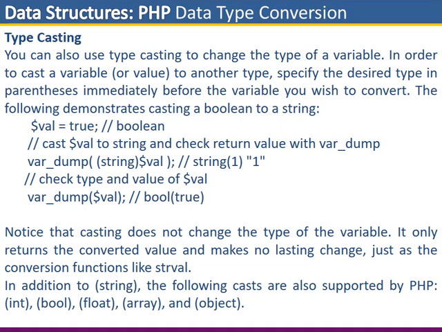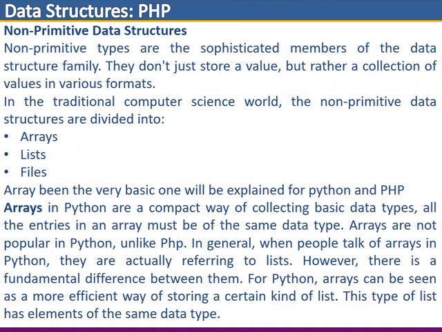In addition, the following casts are also supported by PHP: int, bool, float, array, and object are supported by PHP. Now we have non-primitive data structures. Non-primitive types are the sophisticated members of the data structure family. They don't just store a value, but rather a collection of values in various formats.